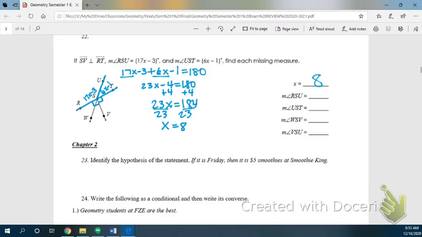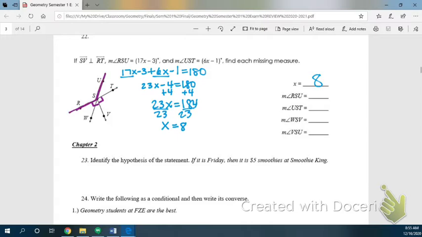I'm going to go ahead and erase what I've got on the picture. I knew from before that we had perpendicular lines. They ask us to find several angles. So they ask us to find RSU first. RSU is this angle.